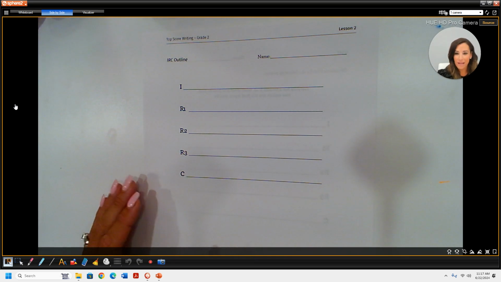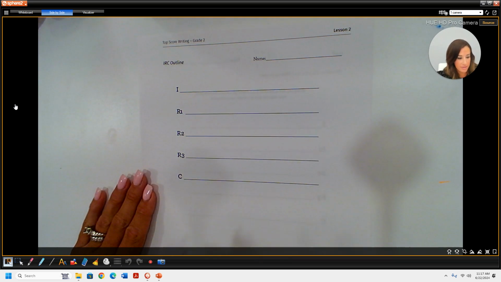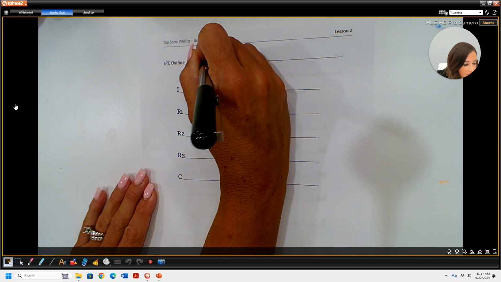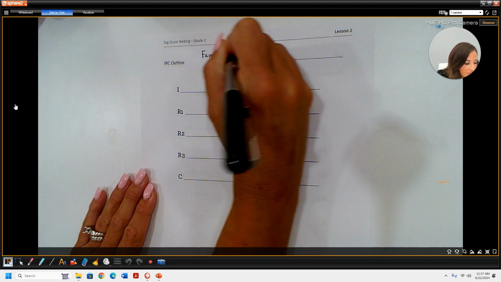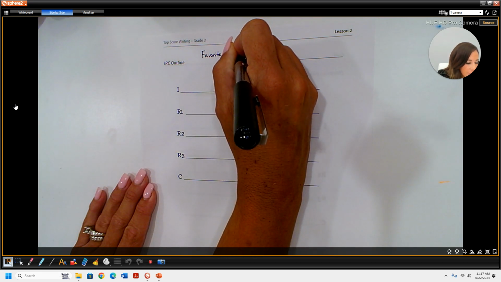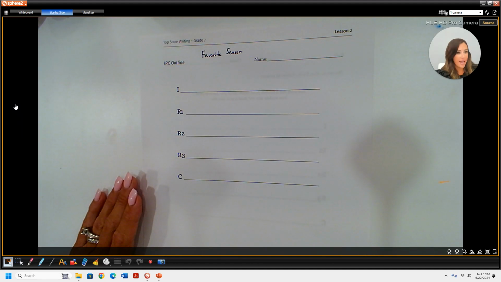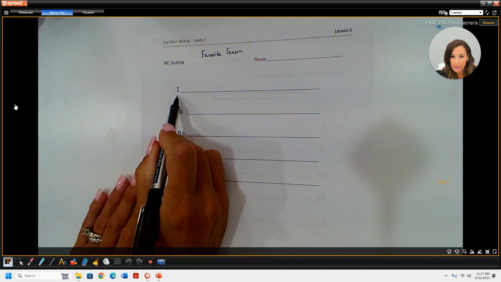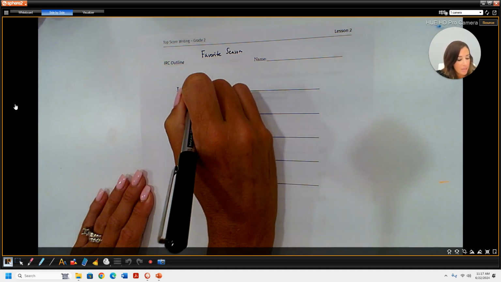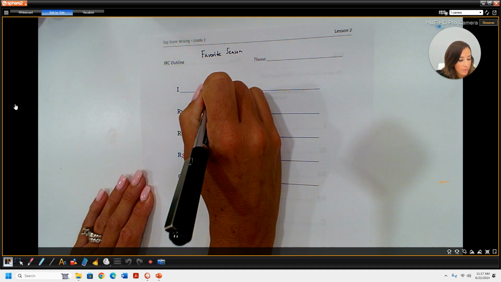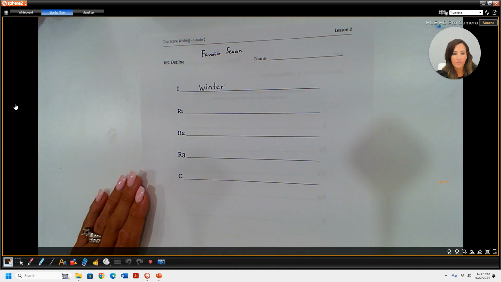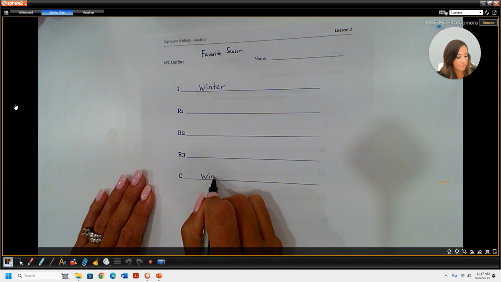Let's do an example together. Now we know the prompt is favorite season. I'm going to write it up here just so we don't forget. Favorite season. And for today, as this example, I'm going to pick winter. So whatever you pick as your main topic, you write on the I and the C line. So because I picked winter, I'm going to put winter here, and I'm going to put winter here.